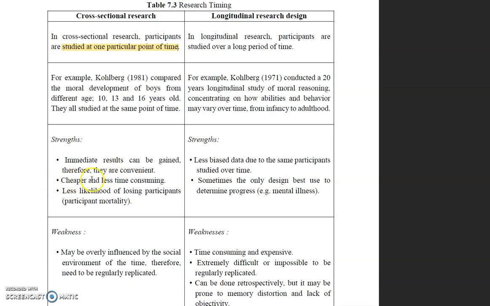It's cheaper and less time consuming, and we have less likelihood of losing participants. What does that mean? Say, for example, we conducted a survey yesterday, and there were 20 students, and these 20 students were still alive. No one would die during that time.